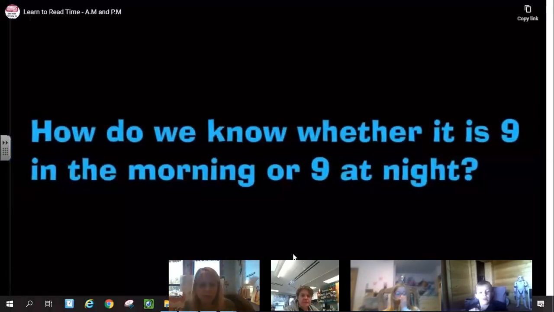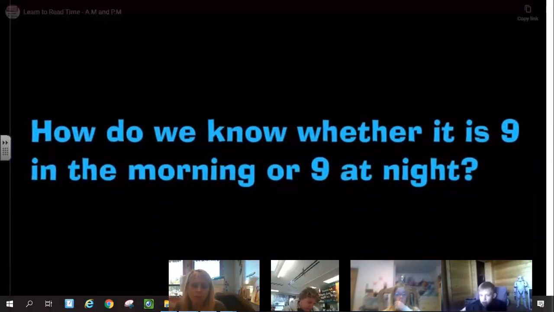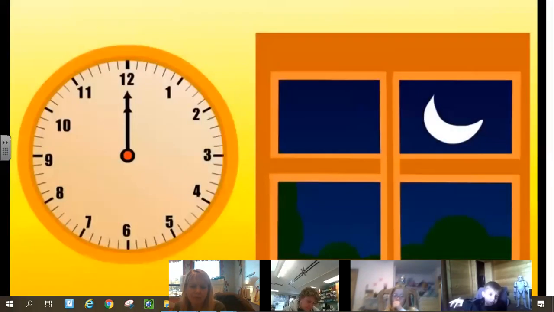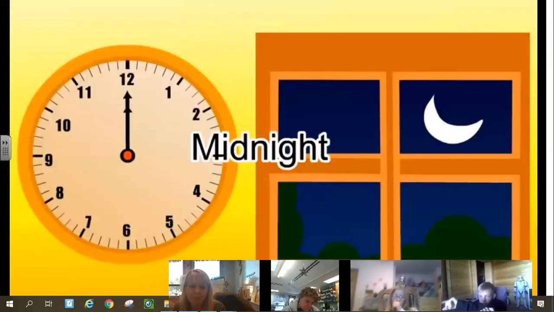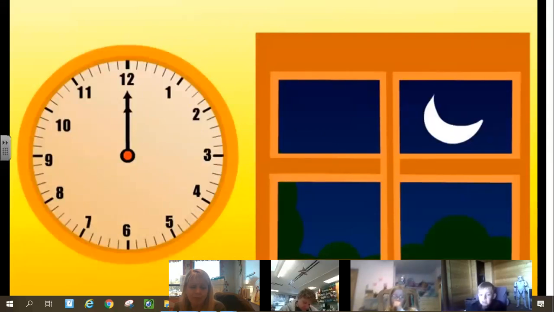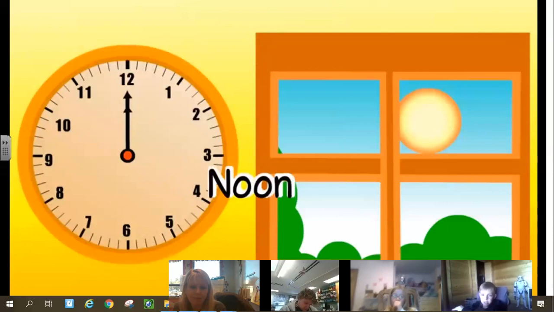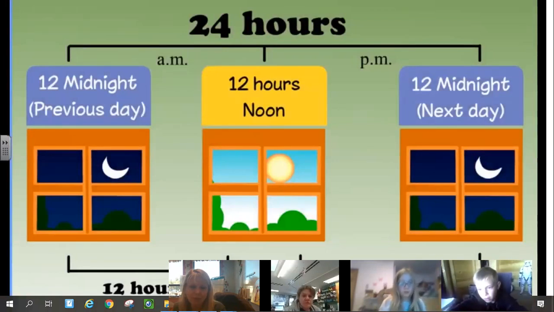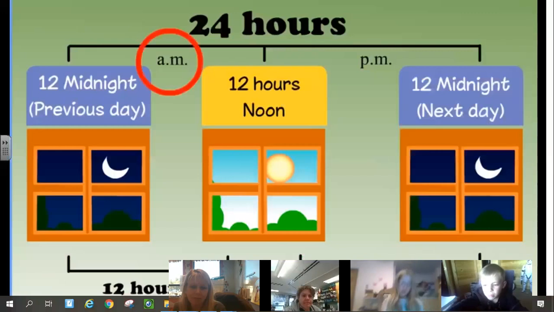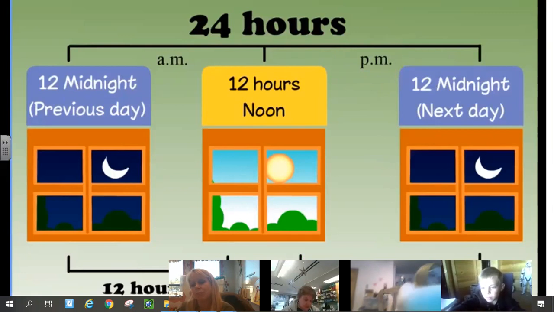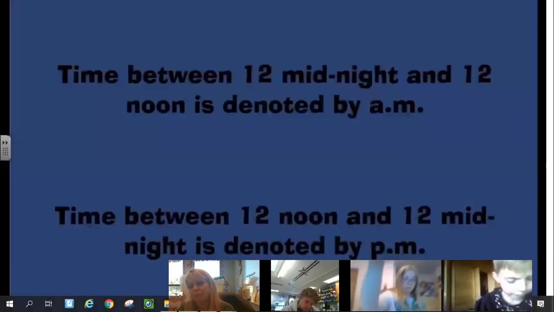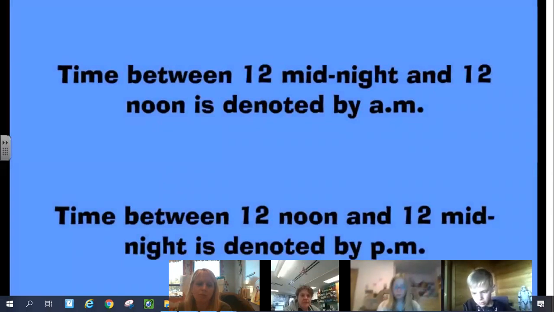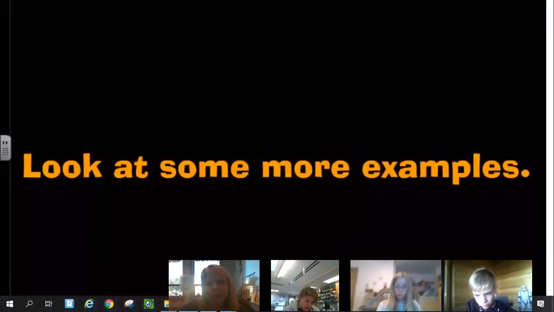So how do we know whether it's 9 in the morning or 9 at night? 12 o'clock at night is called midnight because it's in the middle of the night. 12 o'clock during the day is called noon. Time between 12 midnight and 12 noon is denoted by AM. Time between 12 noon and 12 midnight is denoted by PM. Look at some more examples.